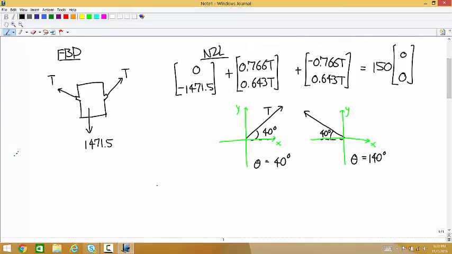The x equation says 0 plus these two things that cancel. Well, I'll write it out. So 0.766t minus 0.766t is equal to 0. Those cancel, and so you get the equation 0 equals 0, which doesn't give us any information.